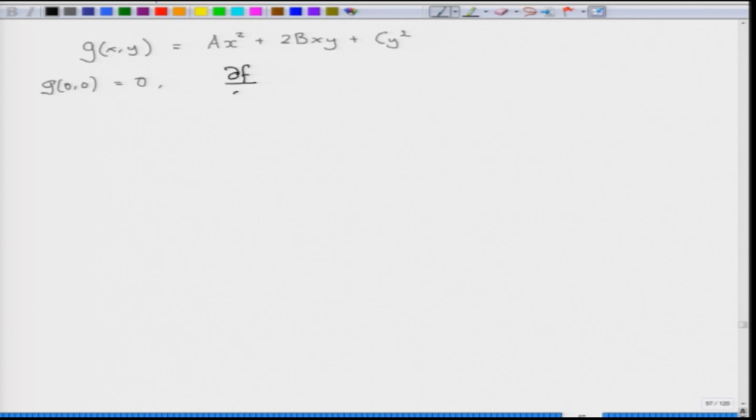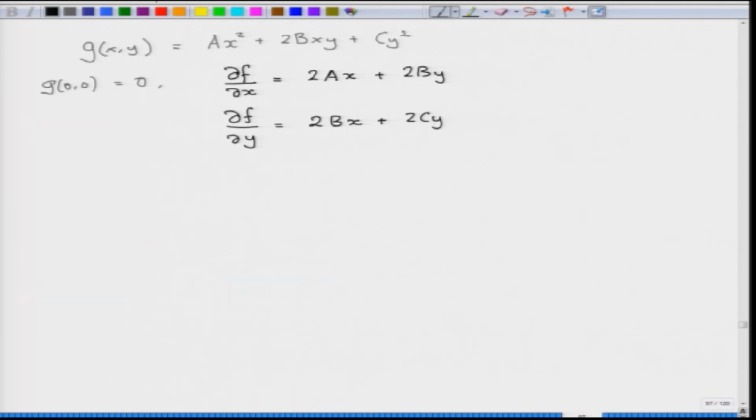Del g del x is 2ax plus 2by, and del g del y is equal to 2bx plus 2cy.